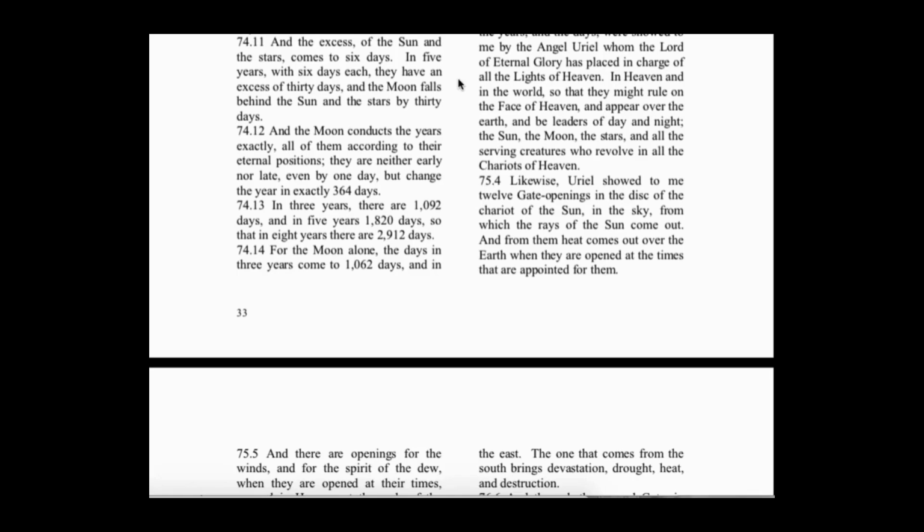So, which means an extra day, extra month, right, for the moon because the moon falls behind. And the moon conducts the years exactly, all of them according to their eternal positions. They are neither early nor late, even by one day, but change the year in exactly 364 days.